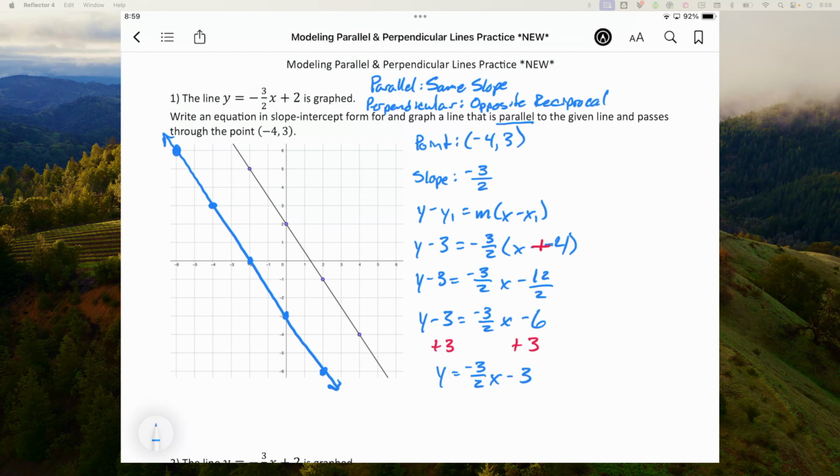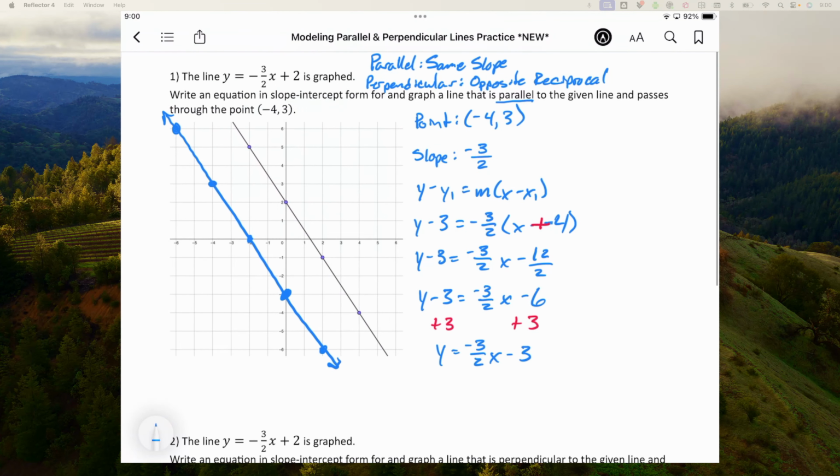So we end up with y equals negative 3 over 2x minus 3. We can see that our slope-intercept is negative 3 from graphing it the way that we did earlier. And so that method that I showed you will work to graph anytime that you have a point and a slope. You do not need the y-intercept.